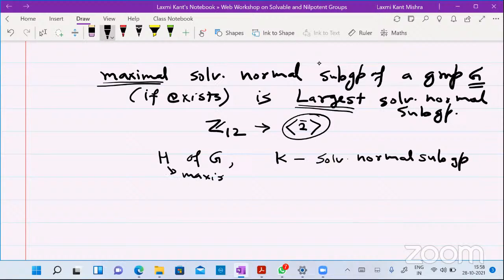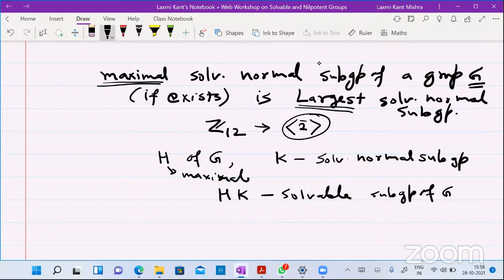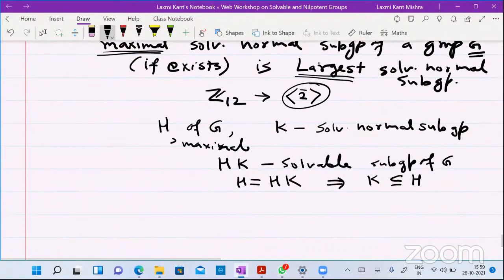Then HK is also a soluble subgroup of G. But since H is maximal, HK is equal to H. In this case, you can say that K is contained in H. So this H is largest.